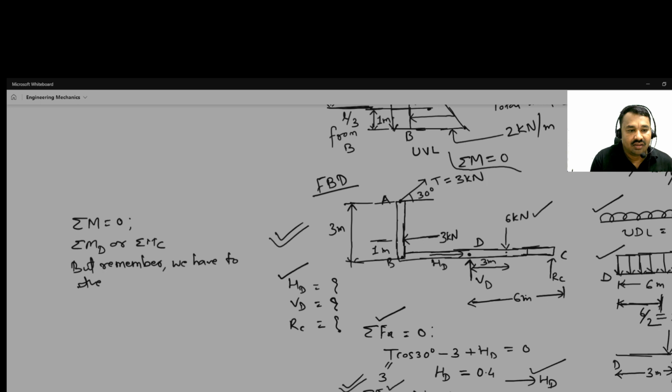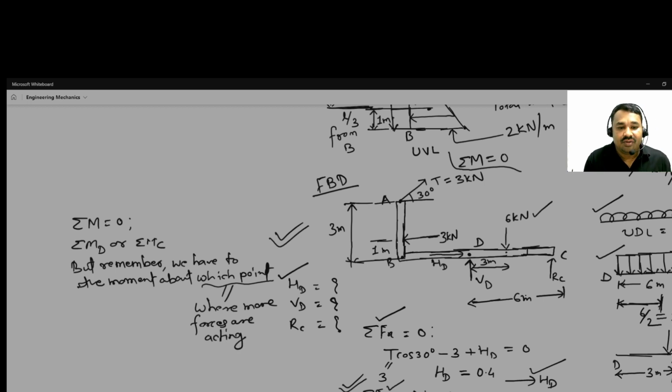The moment about which point? Okay, so answer of this, which point, where more forces are acting.